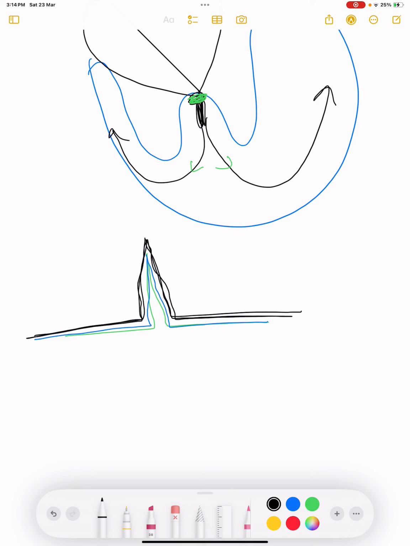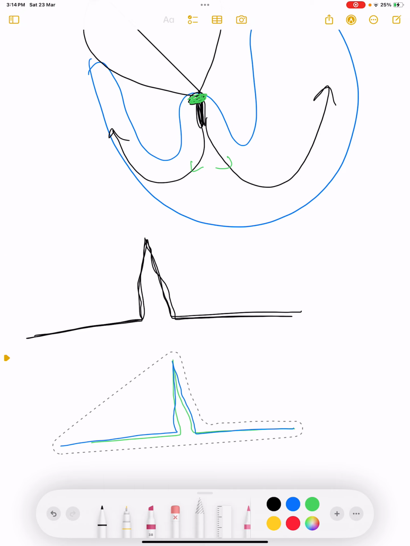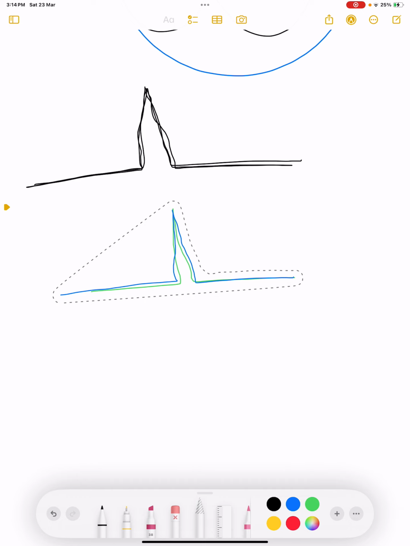But what happens if both are not conducted at the same time? Let's take this separately here, and I will show you something. For example, if the left ventricle is conducted earlier than the right ventricle, or later than the right ventricle, there are two conditions: either the left is depolarized earlier or the left is depolarized later.